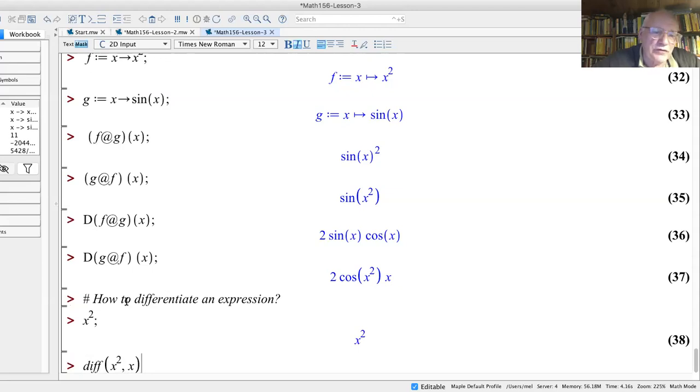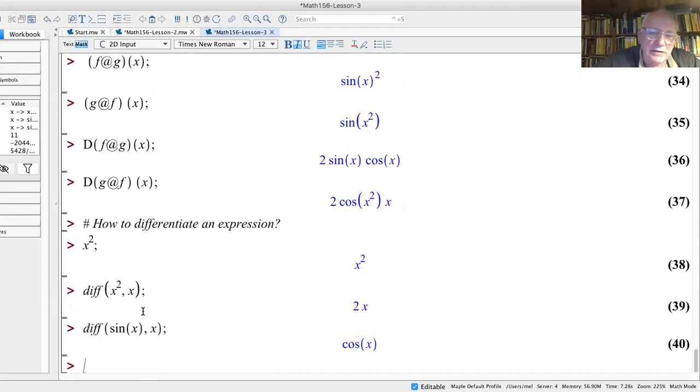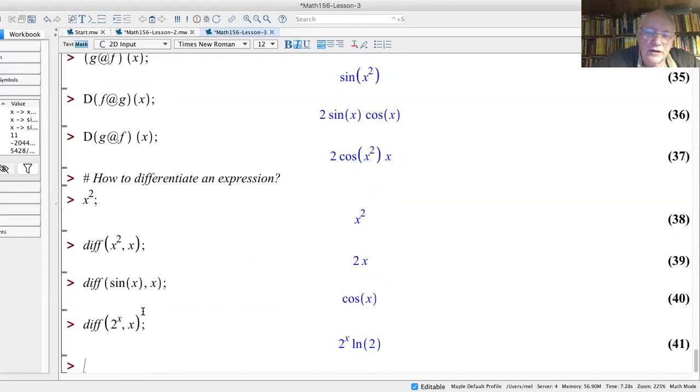This means what is the derivative of x squared with respect to x, and you get 2x. What is the derivative of the sine of x with respect to x? It's the cosine. What is the derivative of 2 to the power x with respect to x? It's log 2 times 2 to the x.